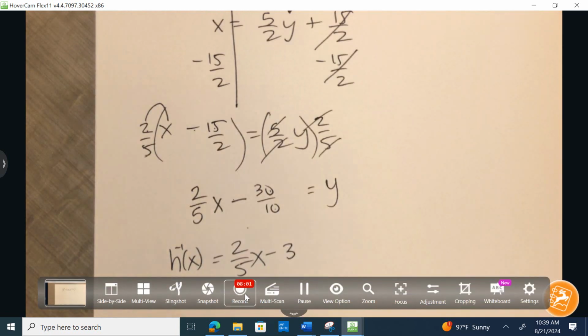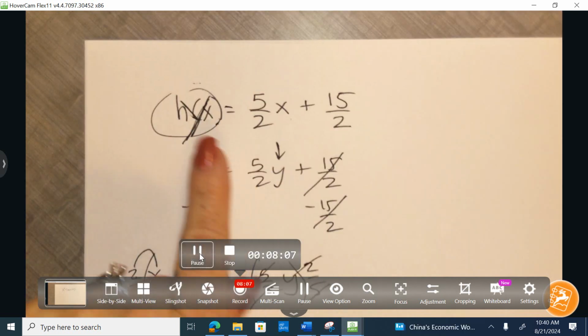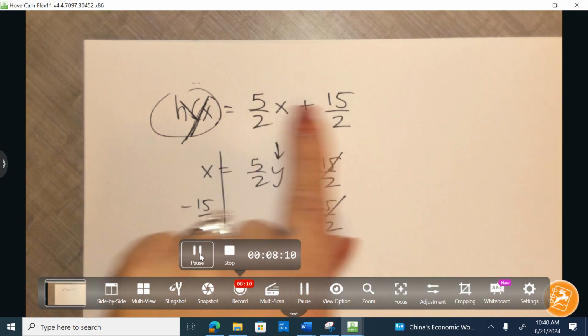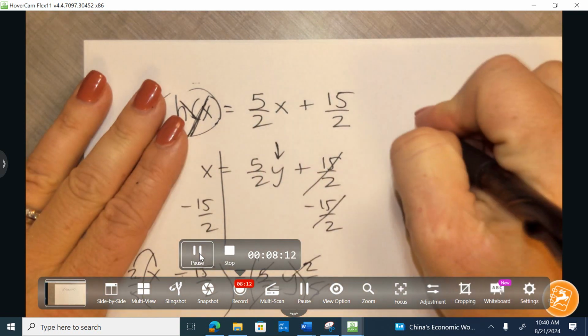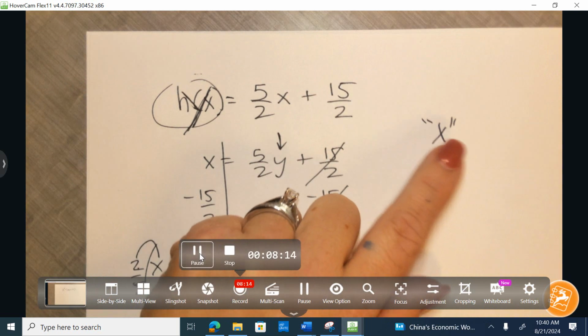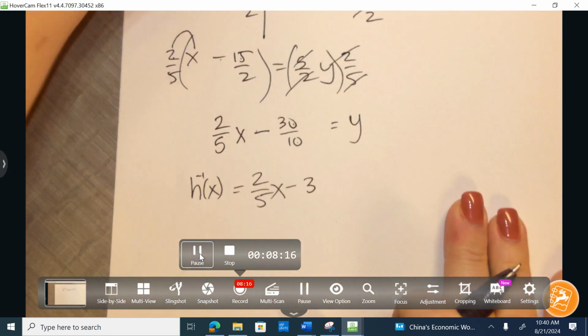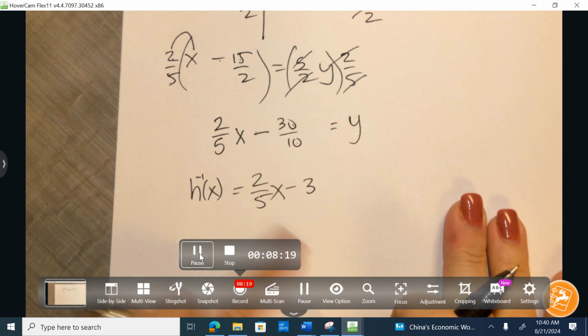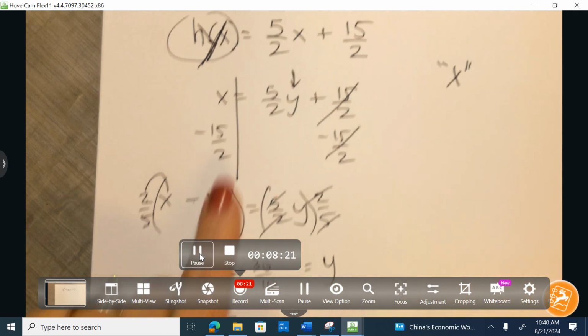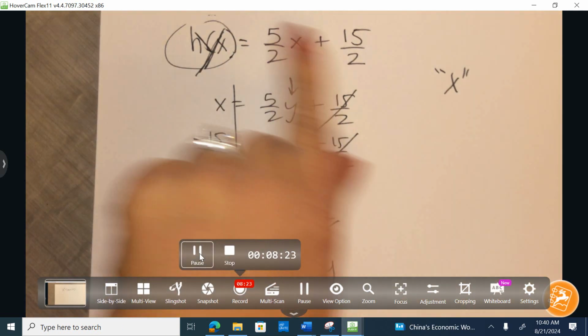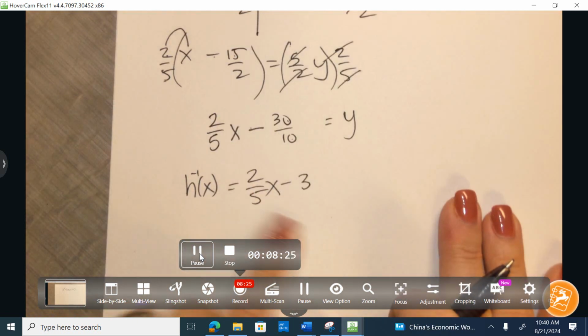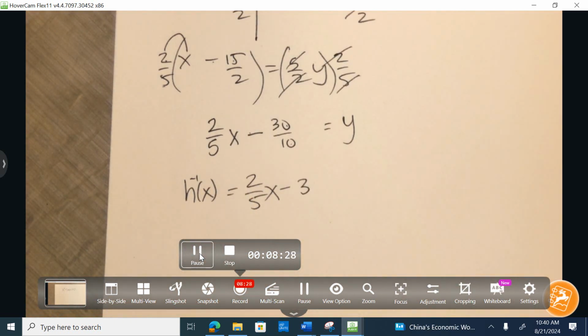So, the inputs of h of x become the outputs of the inverse of h of x. And the outputs of h of x, or the original function, become the inputs. At the honors level, if you say flip, don't just say they flipped, they switched. Tell me a little more.